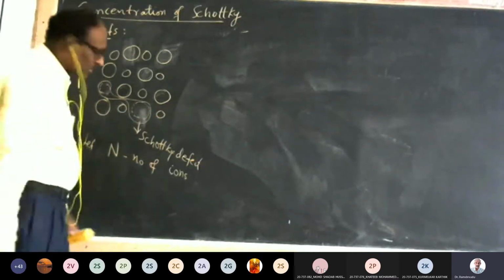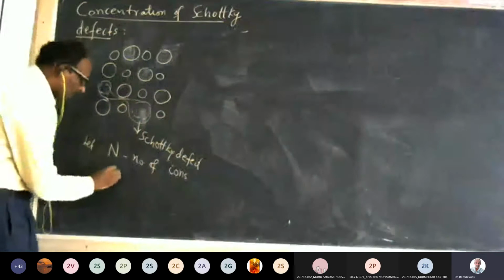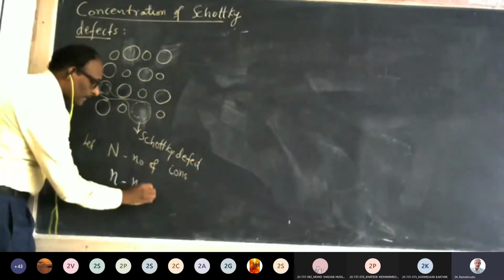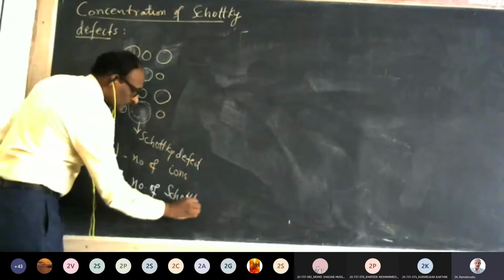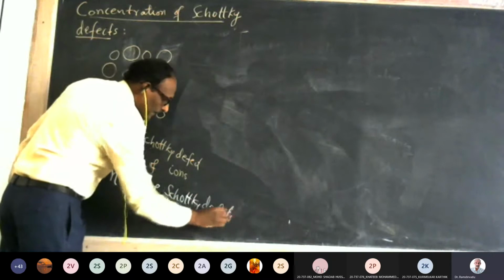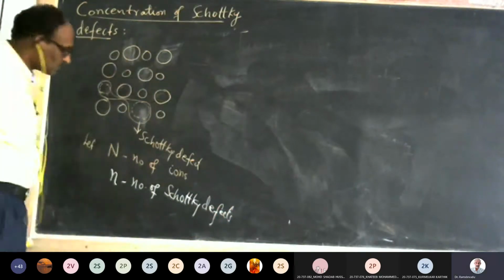Therefore, now I am assuming that there are N number of ions, and a small n number of Schottky defects. These are the number of Schottky defects.